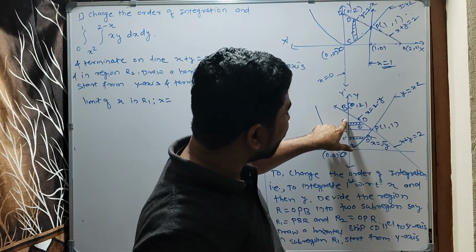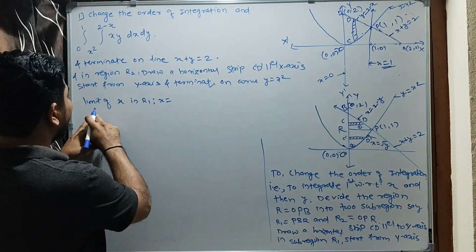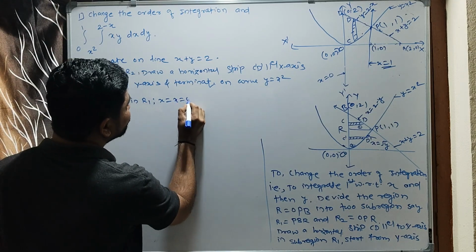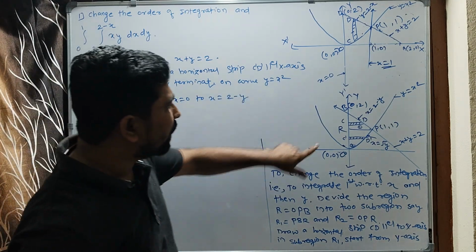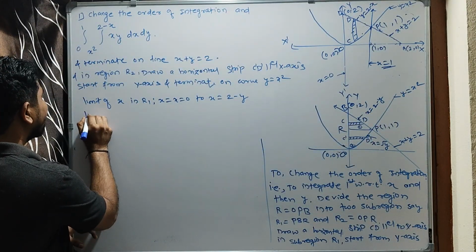On the y-axis x equals 0, and at this point x equals 2 minus y. So the limits of x in R1 are x equal to 0 to x equal to 2 minus y.